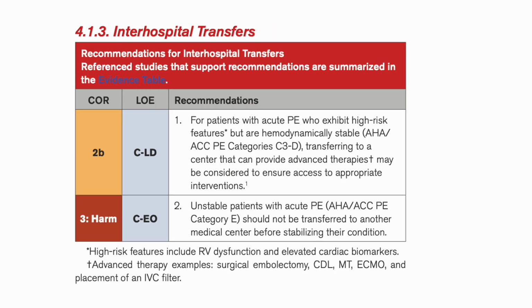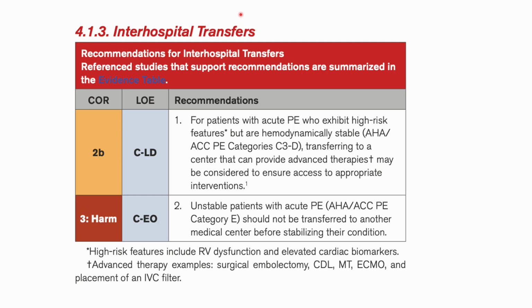Regarding inter-hospital transfers, grade 2 recommendation says that if your patient has high risk features but is hemodynamically stable, C3 to D, transferring to a center which can give advanced therapy may be considered, but it will be of more harm, grade 3, where you are trying with unstable patients, say in category E, to transfer them before stabilizing. So that is a word of caution. And what kind of centers do we need?